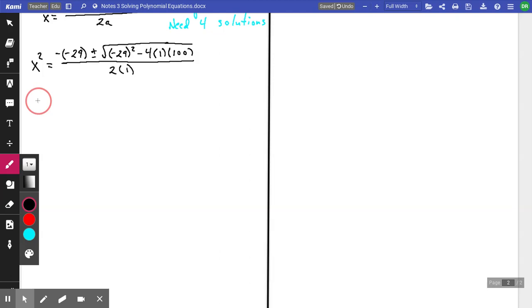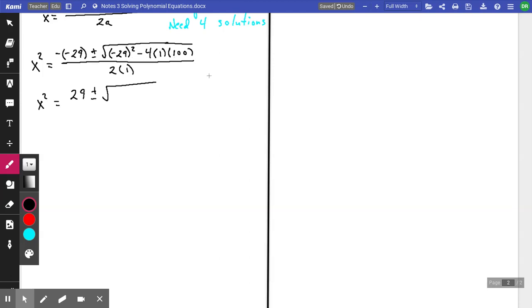So we get x squared again equals, and let's simplify a little bit. The beginning here is going to be a positive 29. After that, remember, you can type all of this underneath the square root, called the radicand, into a scientific calculator.